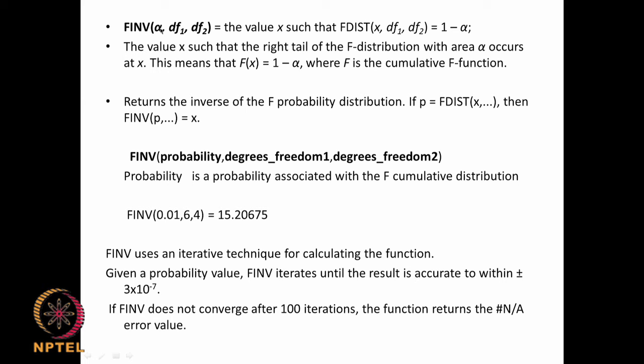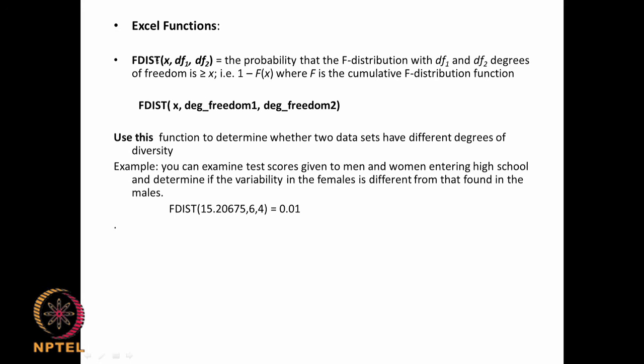Here I will mention the probability 0.05, whereas FDIST will give you the probability, where I put the ratio 2.54 here and then put the degrees of freedom, 10 and 15.